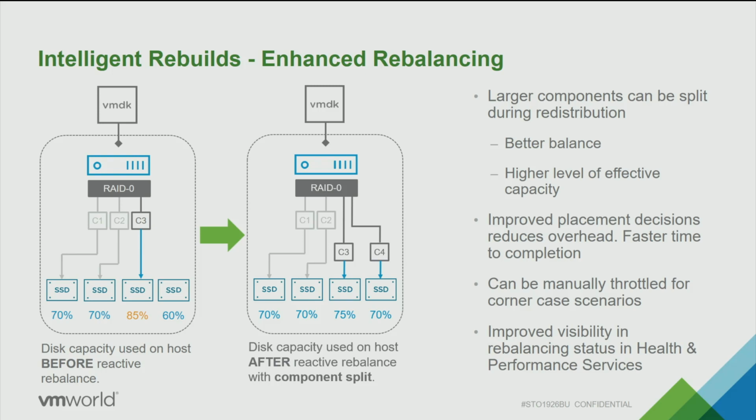So one of the things that was improved significantly in vSAN 6.6 is this idea of enhanced rebalancing. Now, rebalancing comes in a couple of different forms.